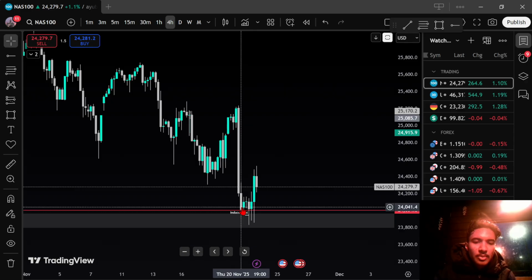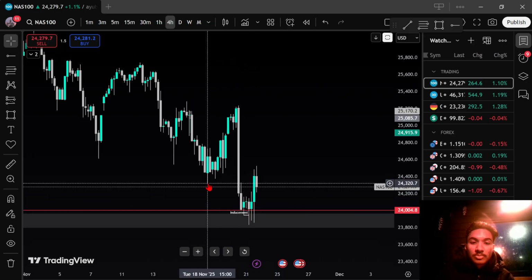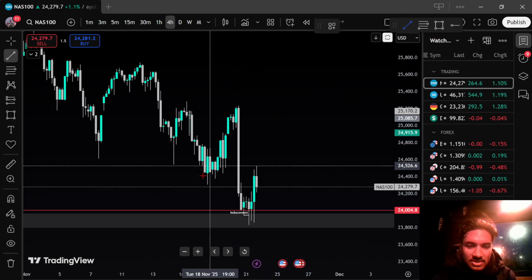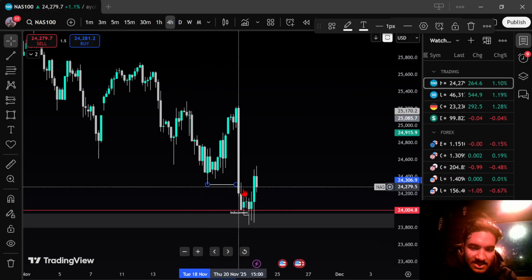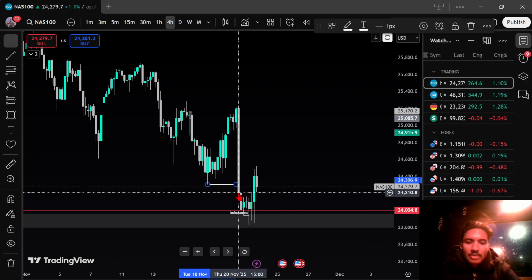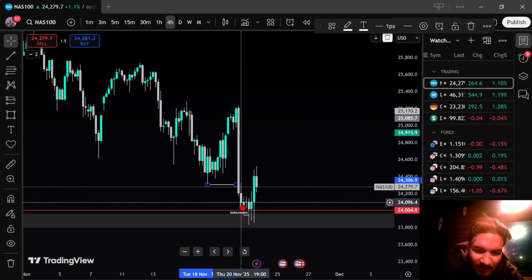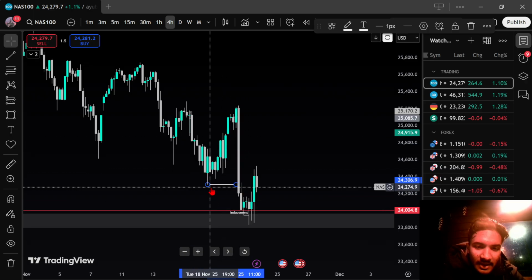But the only problem is when it displaces through it. Displacement is when a fair value gap is formed through it. So let's take this low right here. Price breaks below it and body closes below it. That's fine. At this point, we're not sure what's going to happen. But as soon as this candle is created, that forms a bearish FVG through it. This is displacement, clear displacement.